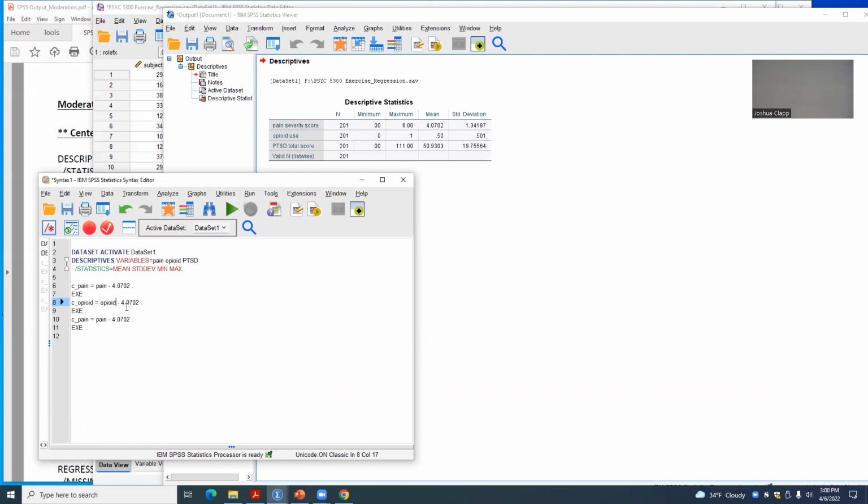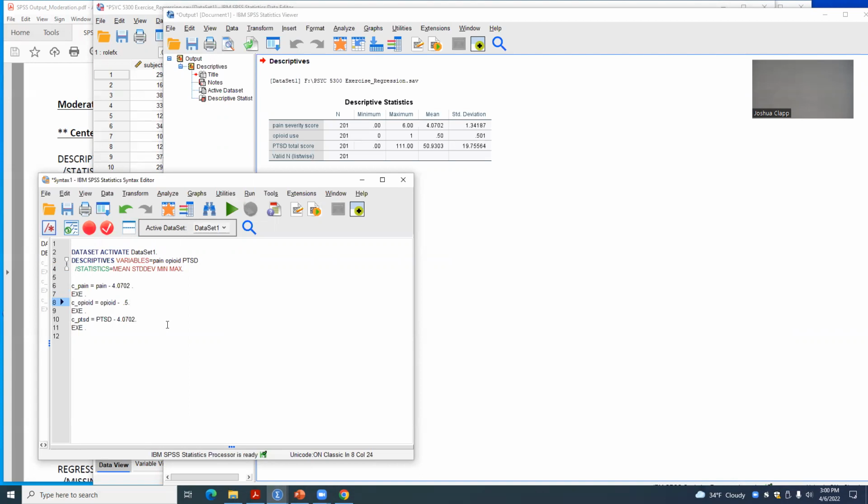Opioid use, and here the value is 0.5, and then my PTSD, PTSD minus 50.9303. So what I'm doing here is just mean centering my variables.